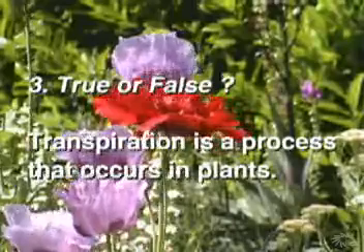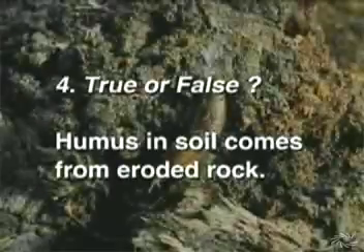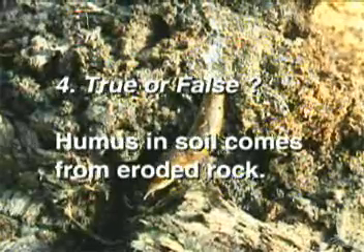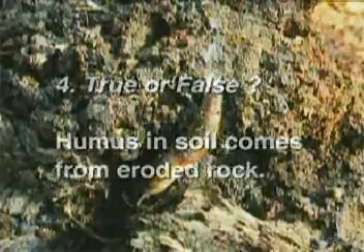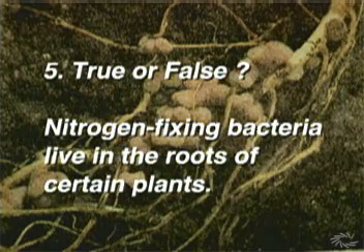Transpiration is a process that occurs in plants. True or false? Humus in soil comes from eroded rock. True or false? Nitrogen-fixing bacteria live in the roots of certain plants.